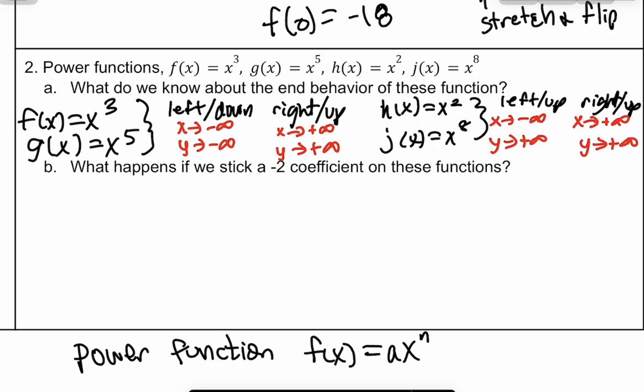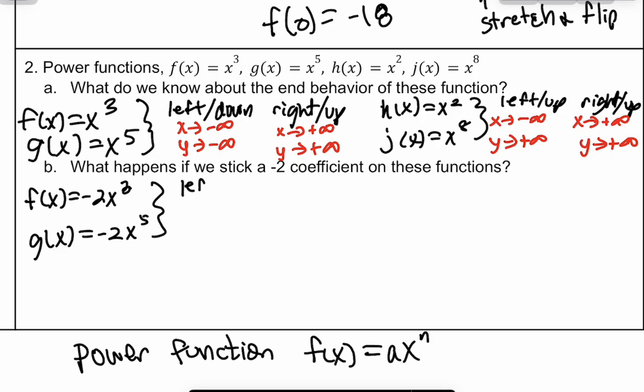What happens if we stick a -2 coefficient on these functions? We should expect that the ends flip upside down. So let's take our f of x and stick a -2 in front. Let's take our g of x and stick a -2 in front.